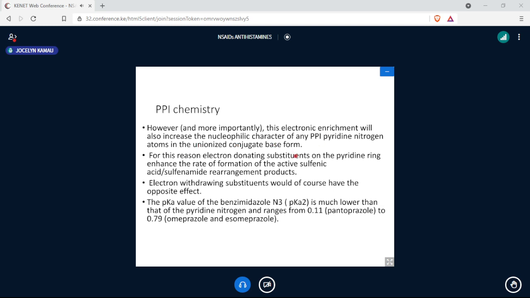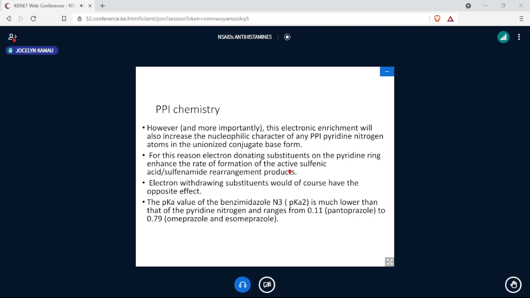So when you enrich it, it is more protonated, there is trapping. That will also increase the nucleophilic character of any PPI pyridine nitrogen atoms in the ionized conjugate base form. For this reason, electron donating substituents of the pyridine ring enhance the rate of formation of the active sulfonic acid or sulfonamide rearrangement products. I hope it's clear.